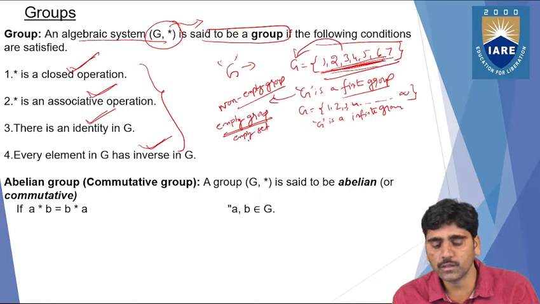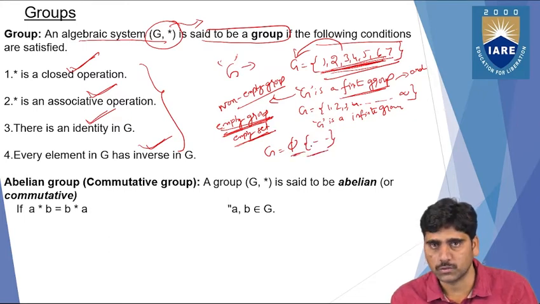The number of values in the group is called the order of the group. If there are no elements in the group, it is an empty group or empty set. That indicates G equals phi, meaning it doesn't have any elements, a null set or null group. Right. So G is an infinite group.